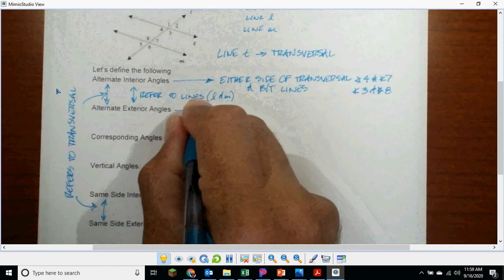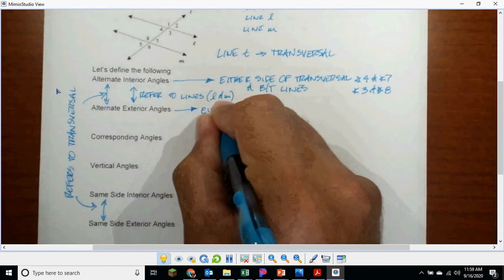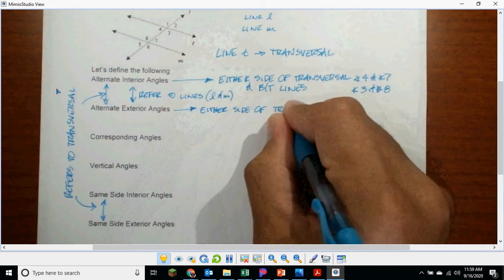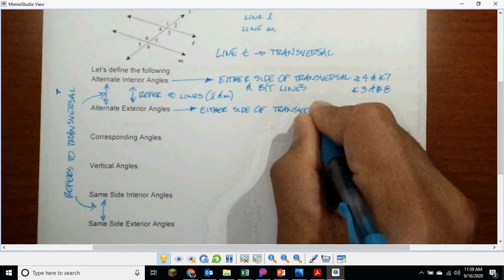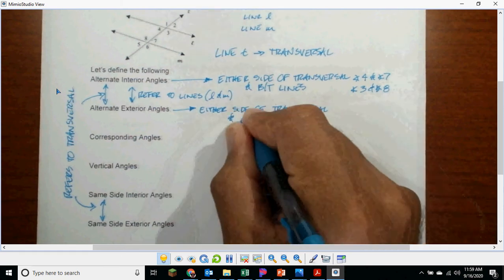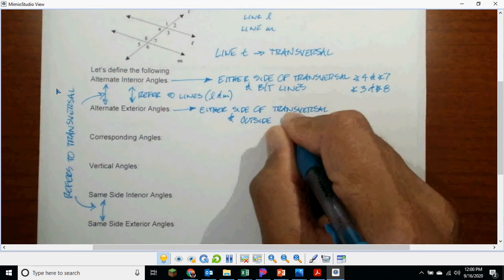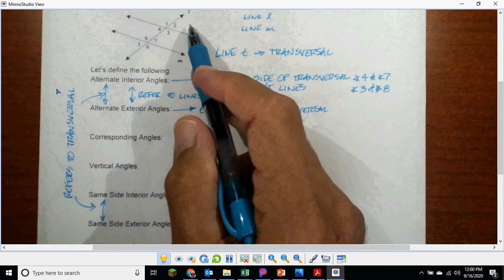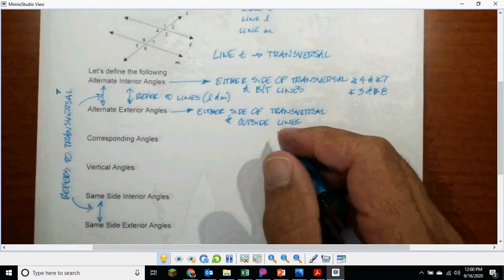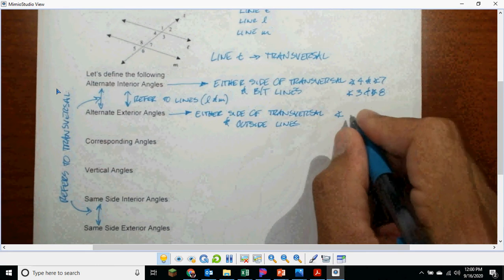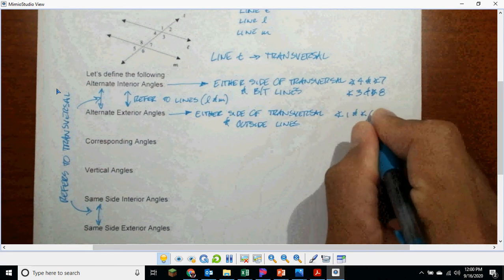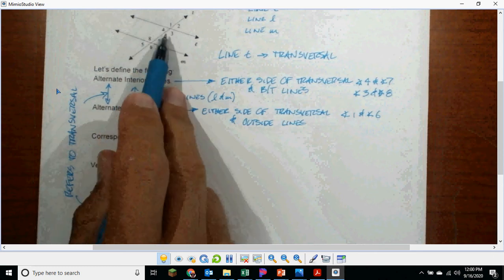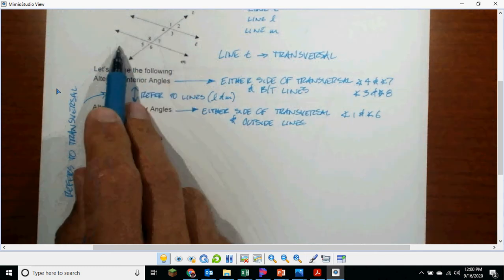Alternate exterior angles are on either side of the transversal and outside the lines, so not between L and M, but outside them. One example would be angle 1 and angle 6. Again, 6 is on the right and 1 is on the left, so they are on alternate sides of the transversal and outside the lines.